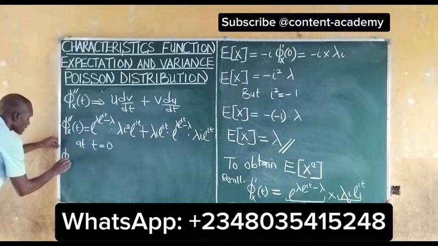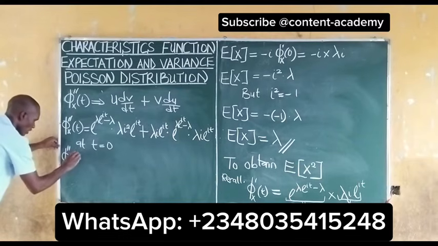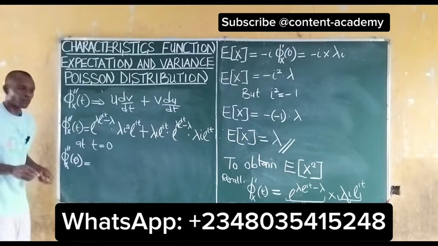It then means that our characteristic function at t is equal to 0 is equal to, anywhere we see t, we put 0.